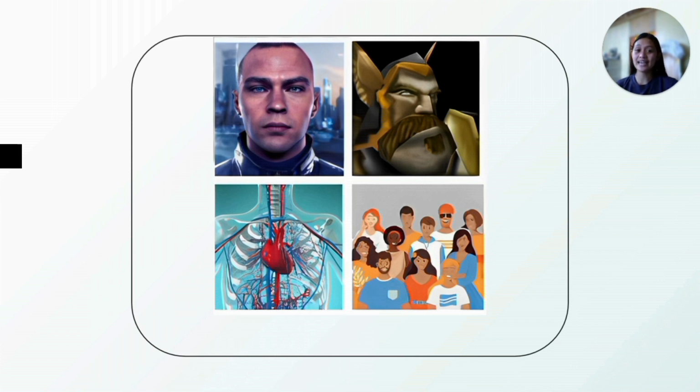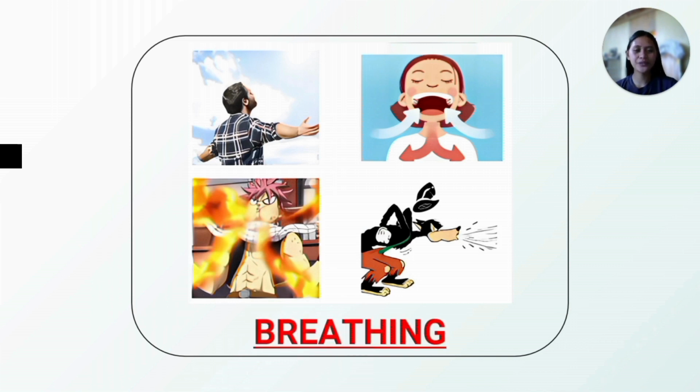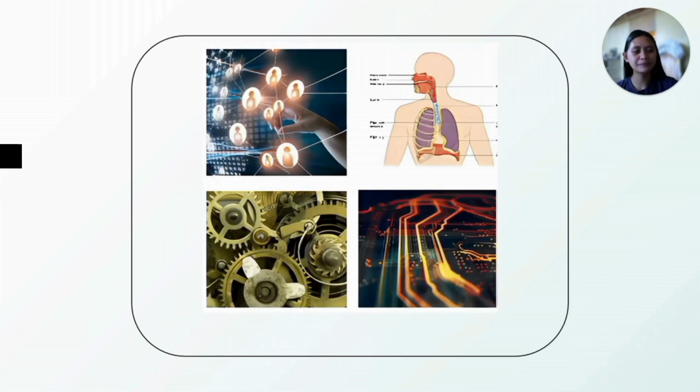Correct. That's human. How about the second one? There's a girl inhaling. There's also a blowing of air. Correct. That's breathing. How about this one? Any guess? Okay, that's system.